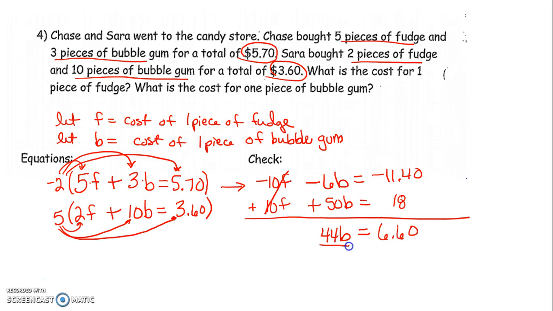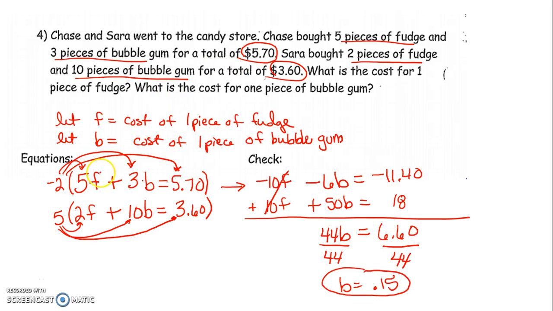Then you're going to divide both sides by 44. 660 divided by 44 gets you to 15 cents. Each one of those pieces of bubble gum costs 15 cents.